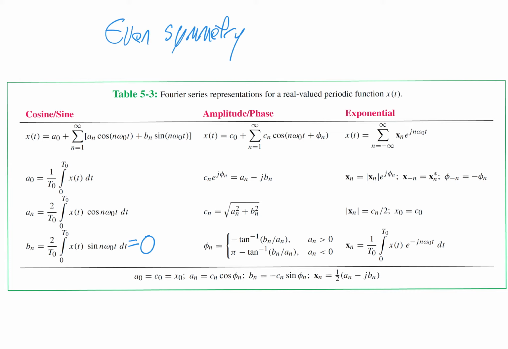Also, we can make a simplification to the a of n with the cosines. So remember, the integral 0 to T0 can be taken over any interval T0 wide, and we can also use it, for example, over the symmetric interval, which we often do from negative T0 halves to T0 halves.